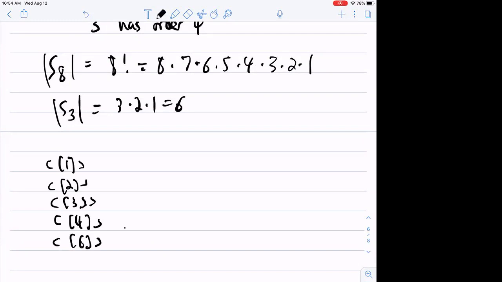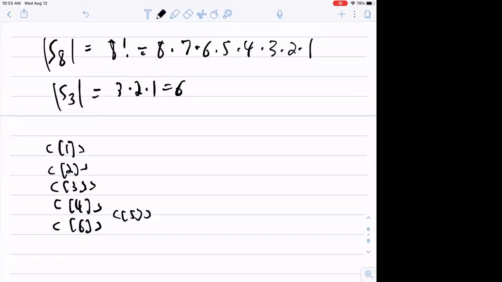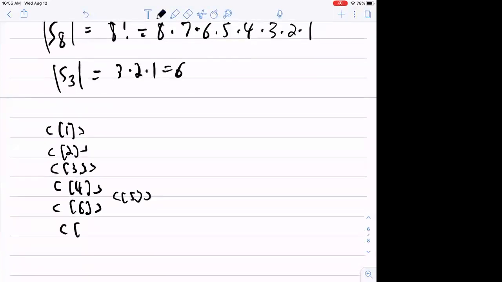Sorry, I forgot 5. But 5 generates the whole group because it's coprime. You know it's cyclic, so it's generated by 1 element. Because subgroups of cyclic groups are cyclic, just consider the powers of each element, and then you'll get all the subgroups.